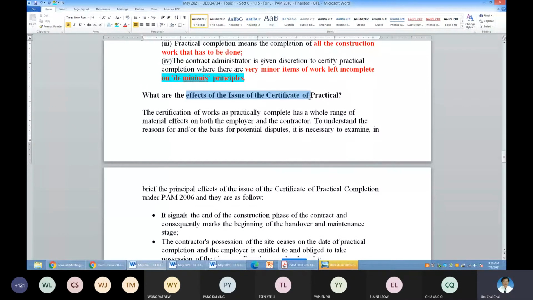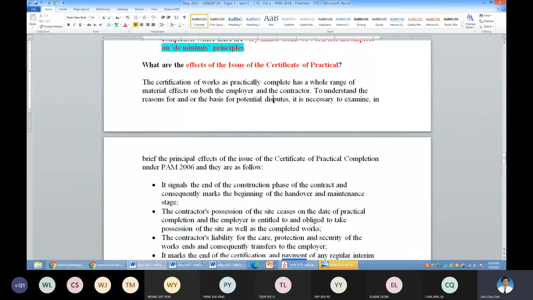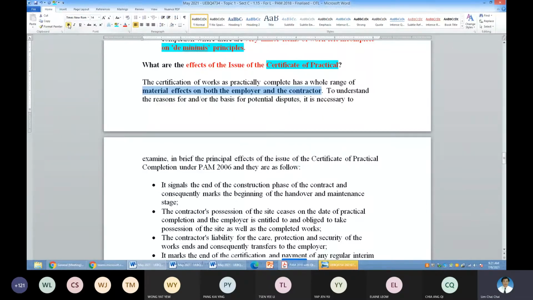Please understand this principle. Why is the certificate of practical completion so important to the contractor? You can see the various grounds here. It has a very serious impact upon the contractor's obligations and also finance or their cash flow.